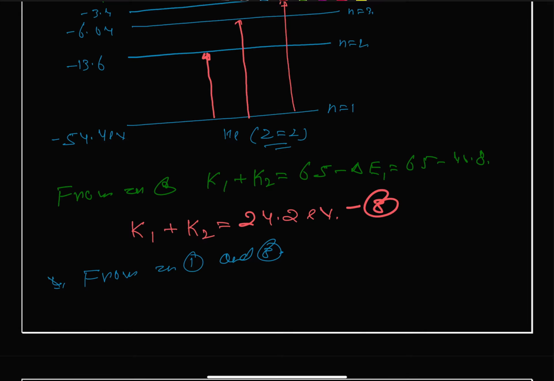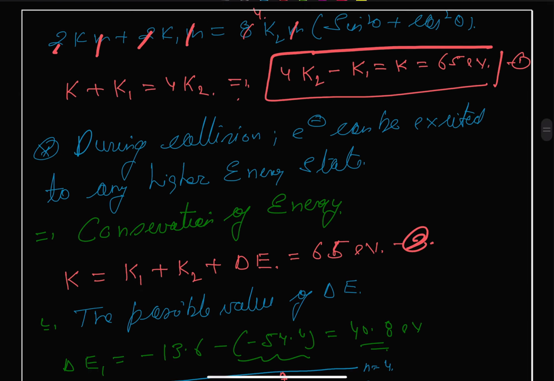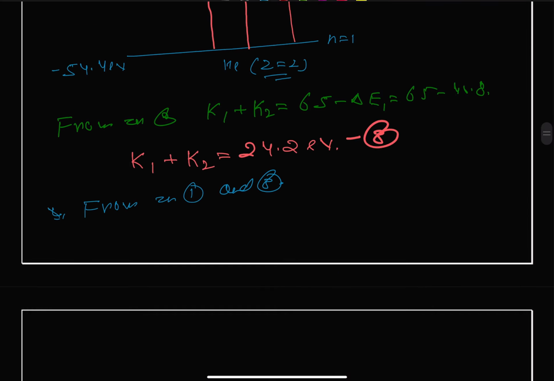Equation 1 is 4K2 minus K1 is equal to 65, and we have here K1 plus K2 is equal to 24.2.